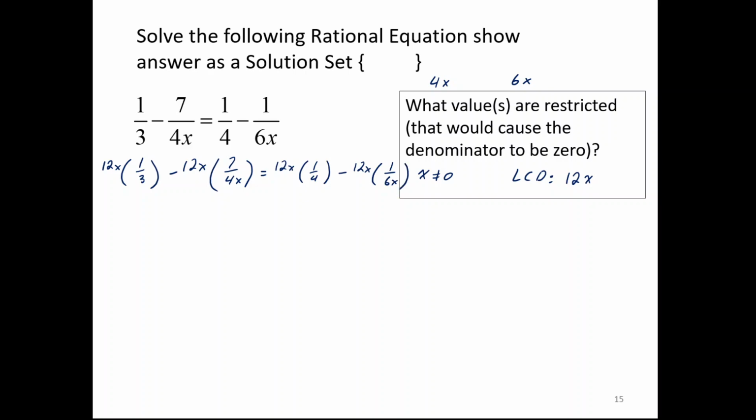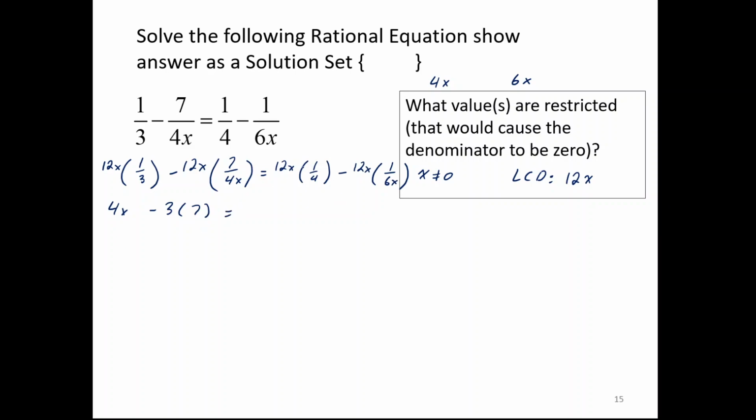Each of these denominators will simplify. 12x divided by 3 is 4, so our new equation, our first term will be 4x times 1, or 4x. Our second term, 12x divided by 4x, would be 3, so we have minus 3 times 7. 7 was the numerator, of course.